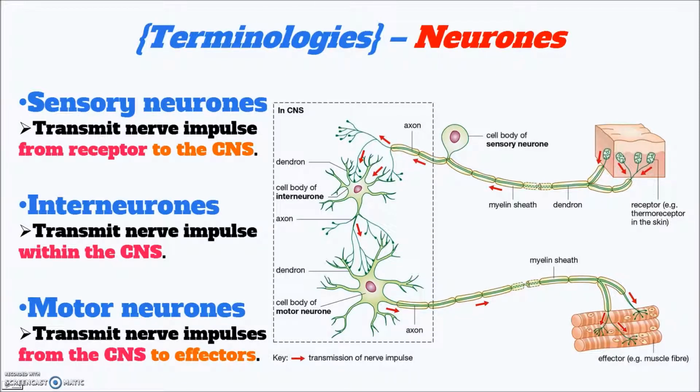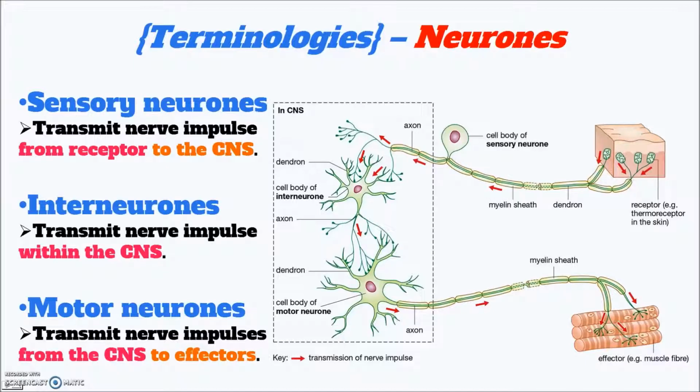Secondly, we are going to study the cells in our nervous system: the neurons, or nerve cells. We have three types of neurons: sensory neurons, interneurons, and motor neurons. The main point, when we talk about the transmission of the nerve impulse, is the direction. It's just like the transport of blood, or the transport of water, minerals or food inside a plant.